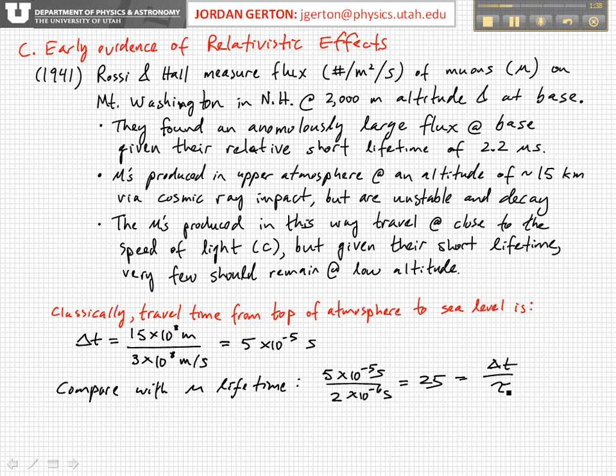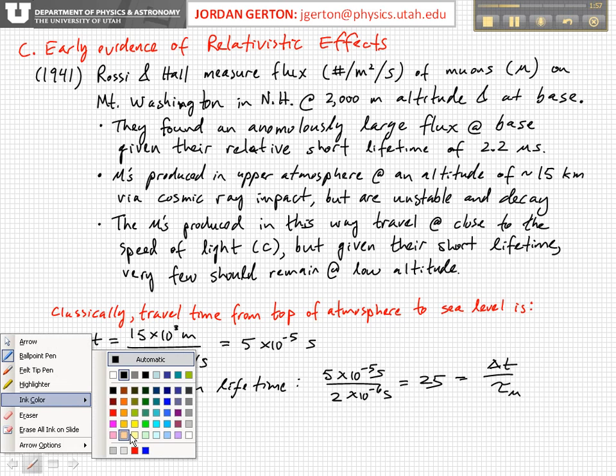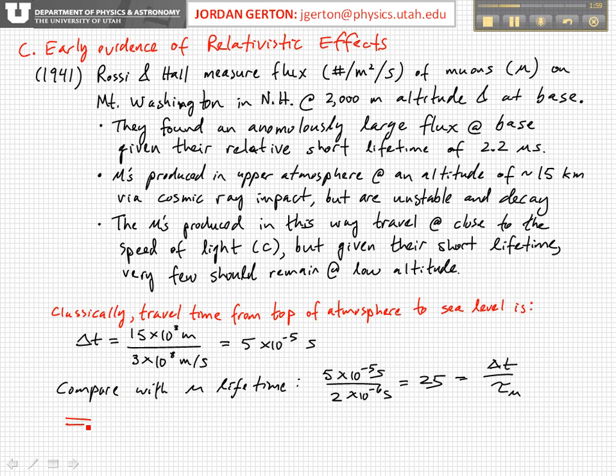Now, what this says is that the time that it would take for a muon to get down to the Earth's surface from where it was created in the upper atmosphere is about 25 times longer than the lifetime. Okay, and so it should be obvious that this implies that there should be very few muons left to measure.